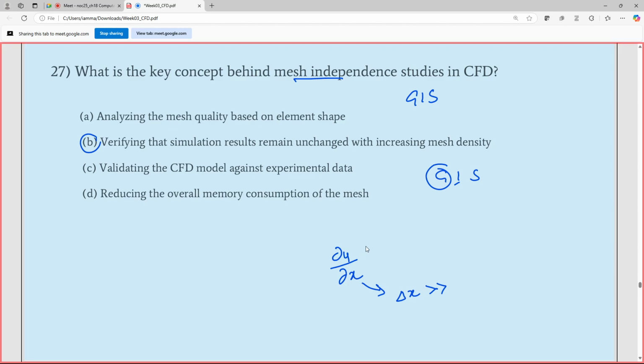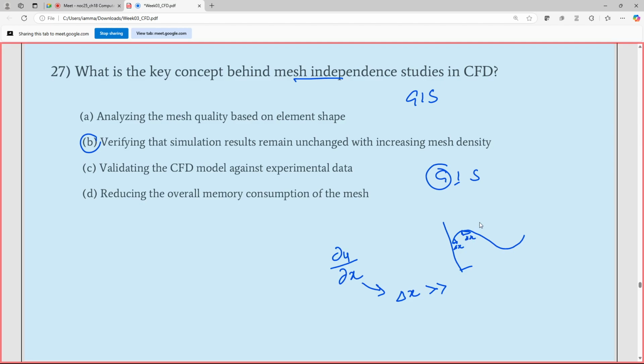After that, it won't be affected, because suppose u is varying like this. To capture the gradient, how much finer this delta x should be? We have reached some particular delta x. After that, reducing this delta x further won't change that gradient or that slope.